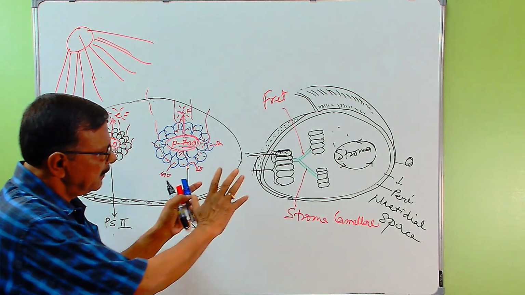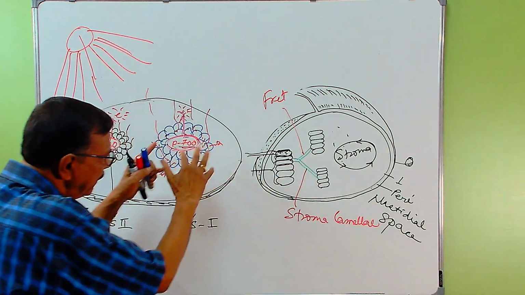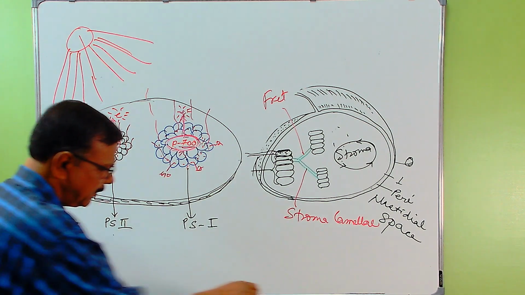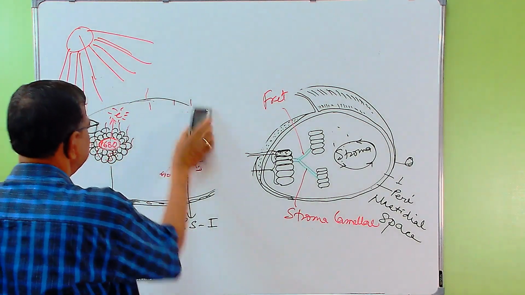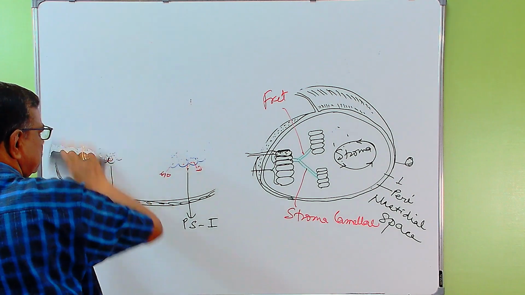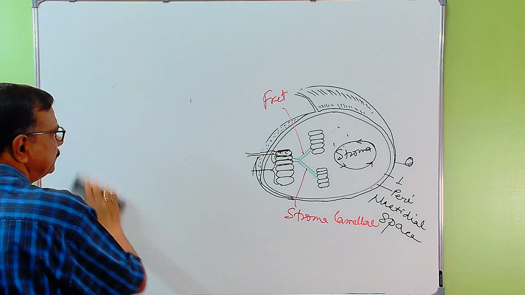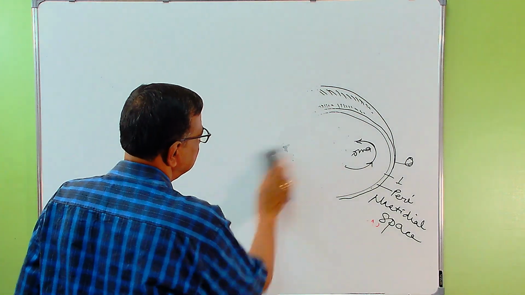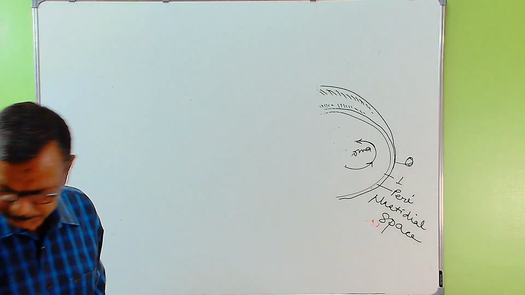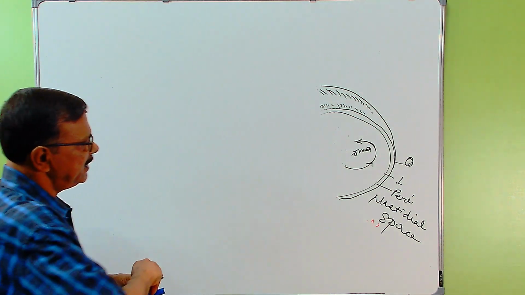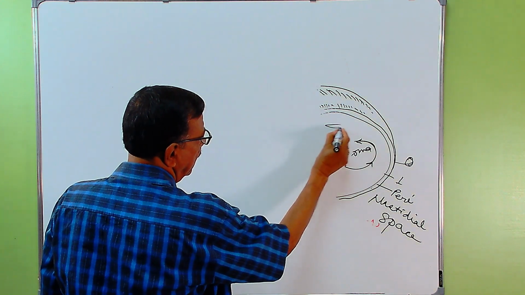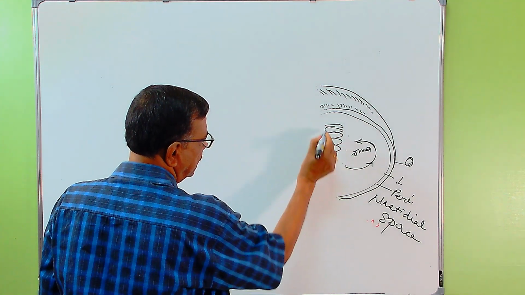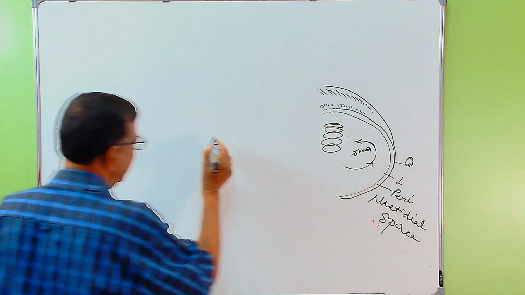Now I am taking this in a bit more explanatory way. Out of this grana, I have taken one thylakoid.